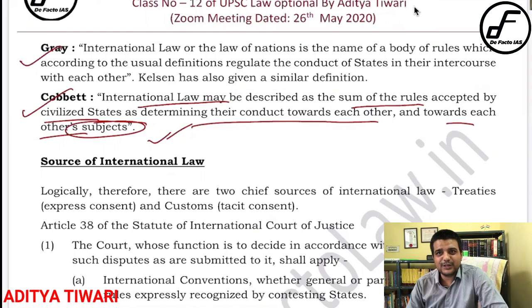Understood? Malcolm Shaw is also a good book. I have said, take any standard textbook, no book is bad. The only thing is that you have to pinpoint what has to be studied and what has to be left. No book is bad actually. Remember. Now let us see the sources of international law.